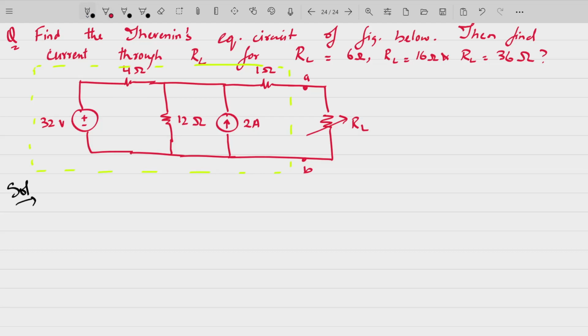So we have to perform the analysis. So step 1, open the load resistance and turn off all independent sources.